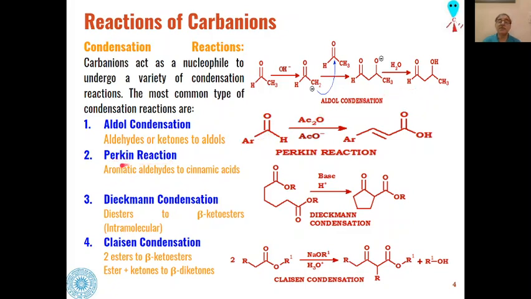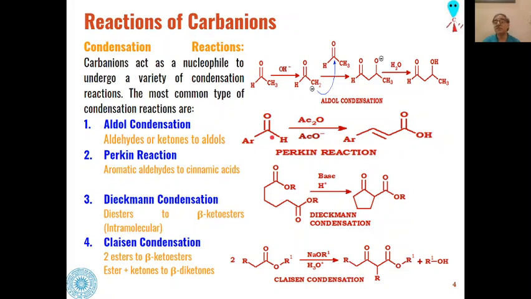Similarly, another example is the Perkin reaction. Here the aromatic aldehydes, in the presence of a basic medium, are converted into cinnamic acids. So if we have an aromatic aldehyde, say benzaldehyde, where aryl is phenyl, then we will get cinnamic acid as the product.